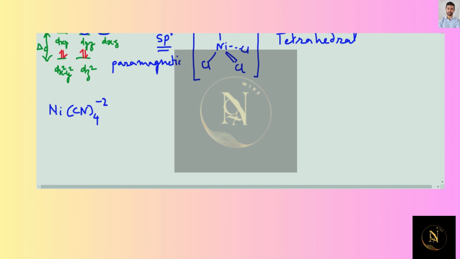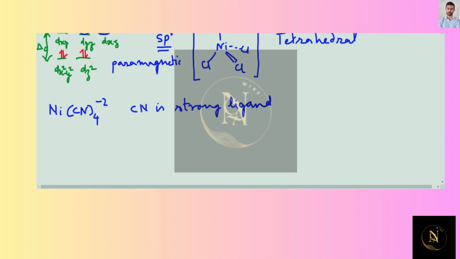And here, when CN is a strong ligand, splitting should be maximum. That means more than the chlorine.